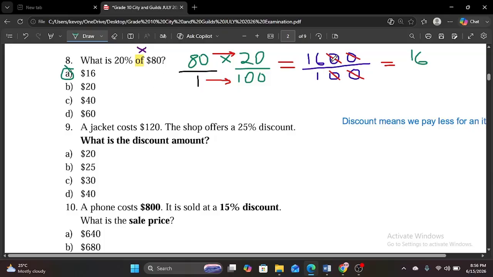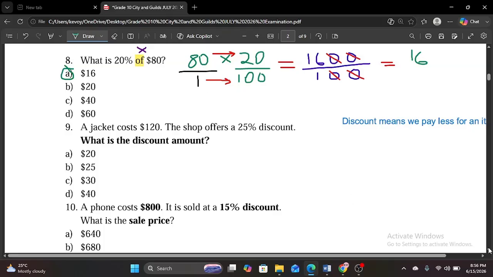And notice, even though there's a 1 under the 16, 16 over 1 is just 16. Just as 80 is the same thing as 80 over 1. It's not going to change it into anything different. Once you have a whole number over 1, it's just the number itself. So that means if you have 100 over 1, it's still just 100.